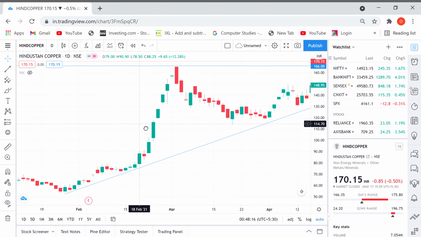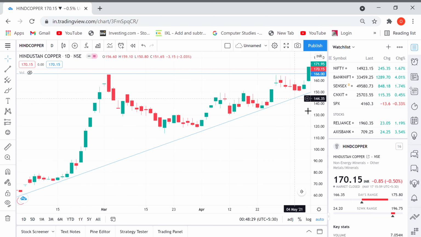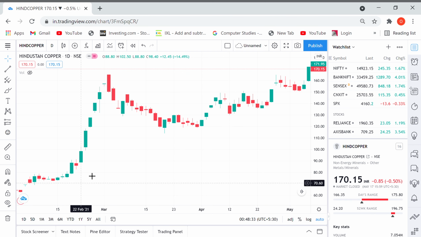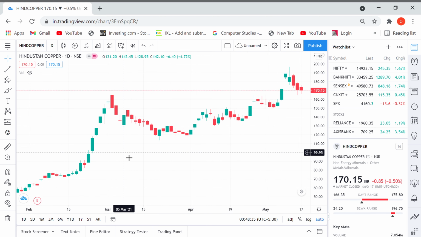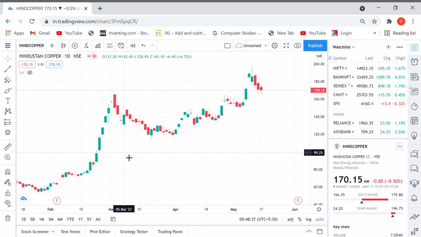Now you can see here the stock has been going up, then coming down, up, down, up, down, up, down. So I will remove all the lines which I have made so far so that I can explain from the basics.